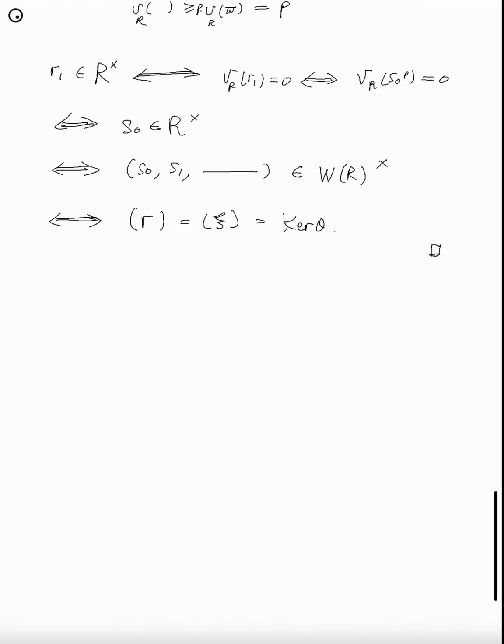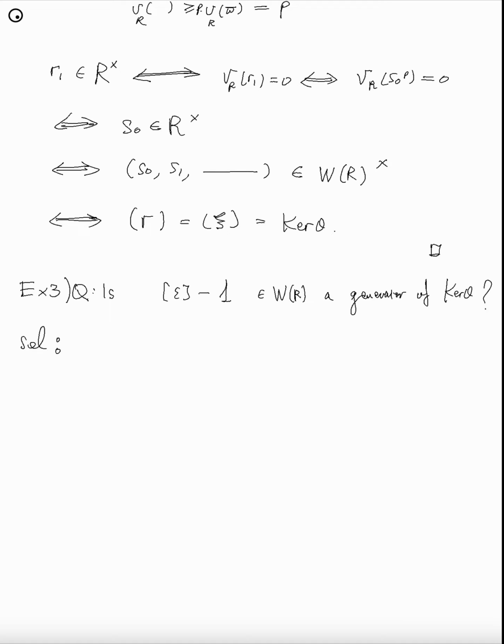That's exercise 3. Is the derivative of epsilon minus 1 a generator of the kernel of theta? So let's discuss this.